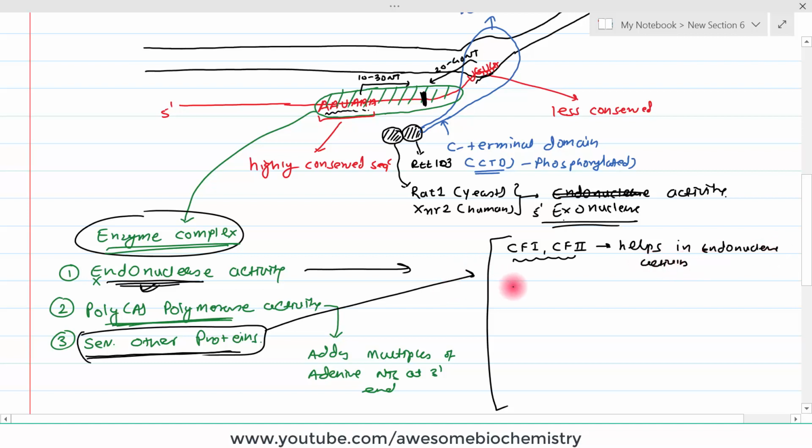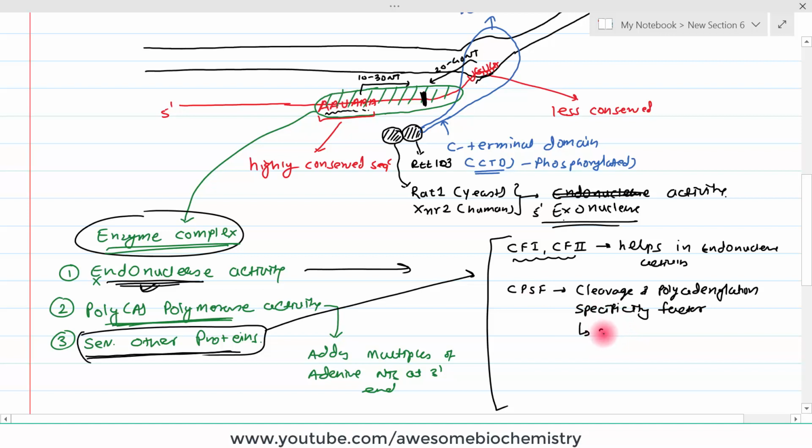Then there is one more protein that is known as CPSF. This CPSF, its full form is cleavage and polyadenylation specificity factor. And its function is it helps in the identification of this highly conserved sequence.